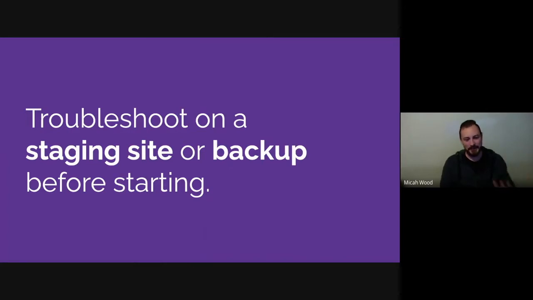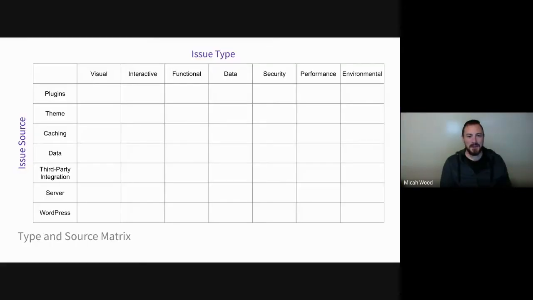So definitely do this. This is a visual that I haven't seen anything like anywhere else, but I think it definitely helps narrow things down. And this is, if you will, my secret to diagnosing issues. I don't know if you've ever played the game Clue.